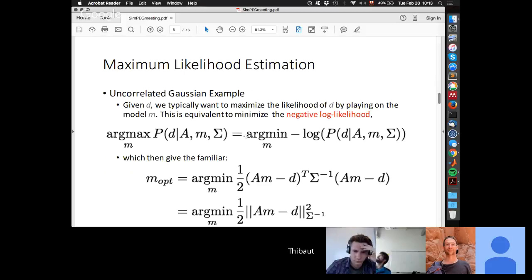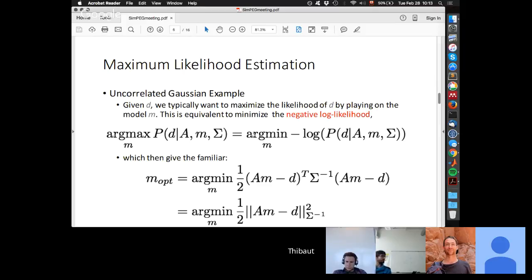A way to do that, which is actually equivalent, is that maximizing the likelihood is like minimizing the negative of the log of the likelihood, because the negative log is a convex function.